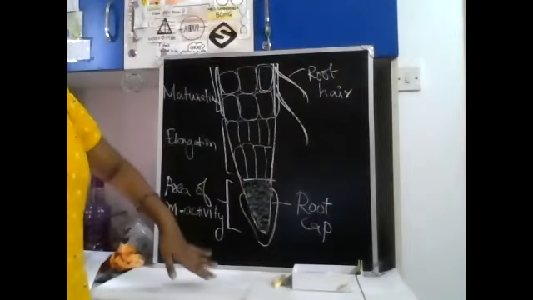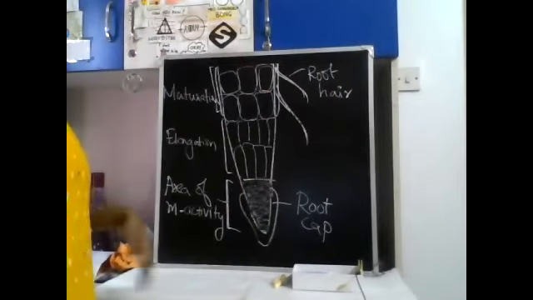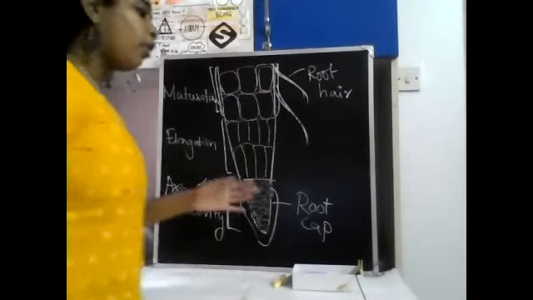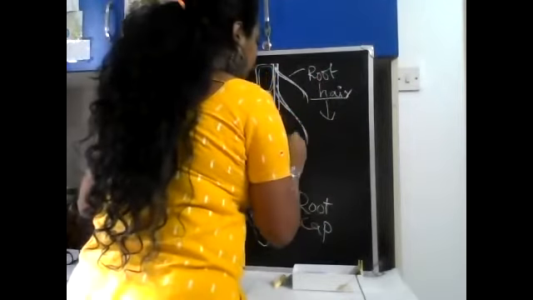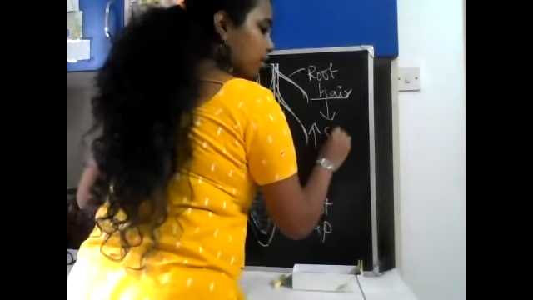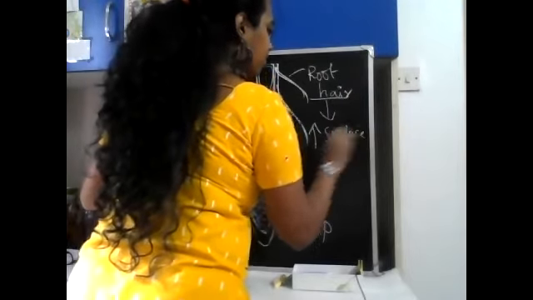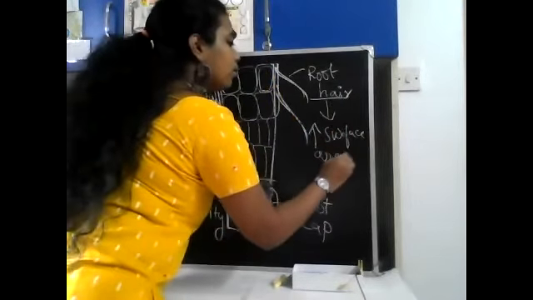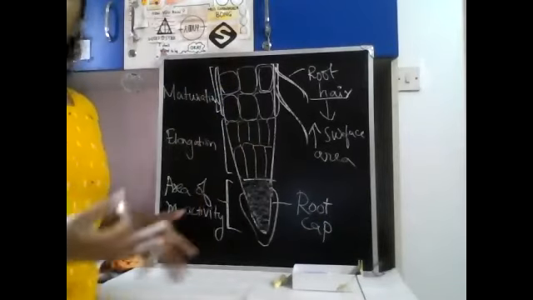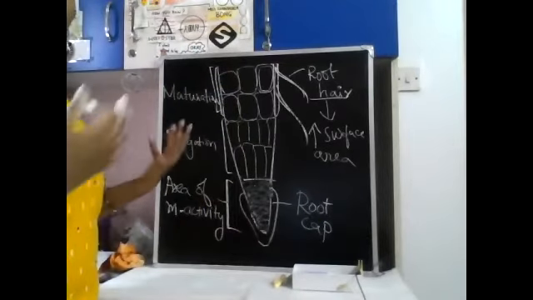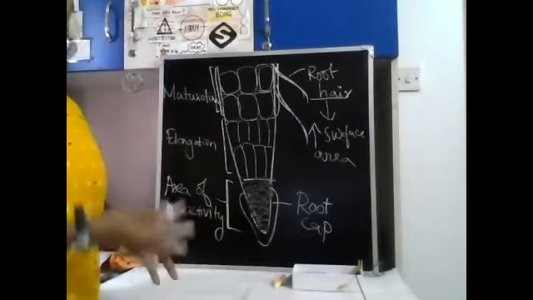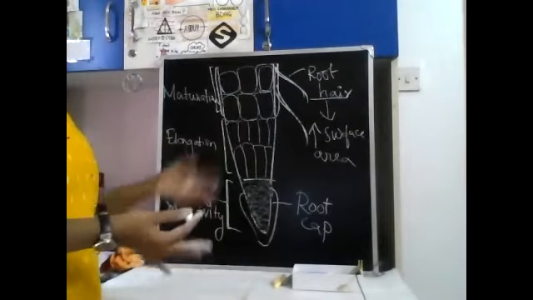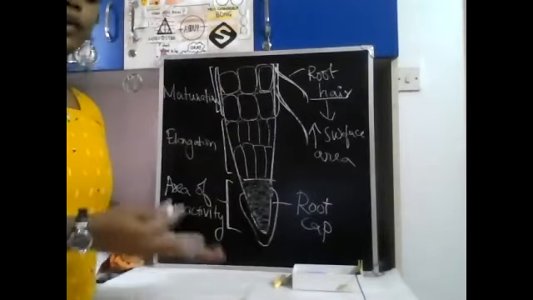So why did we build up and come all the way to root hair? Root hair is very important because root hair will increase the surface area. If it increases the surface area, there is more absorption of water and nutrients that takes place, right? So root hair is very important.